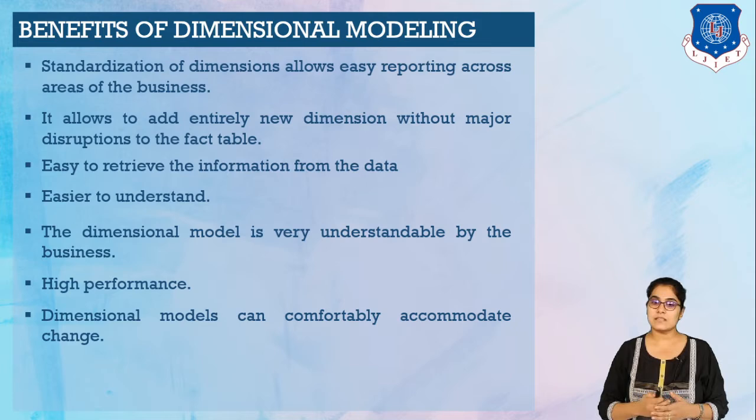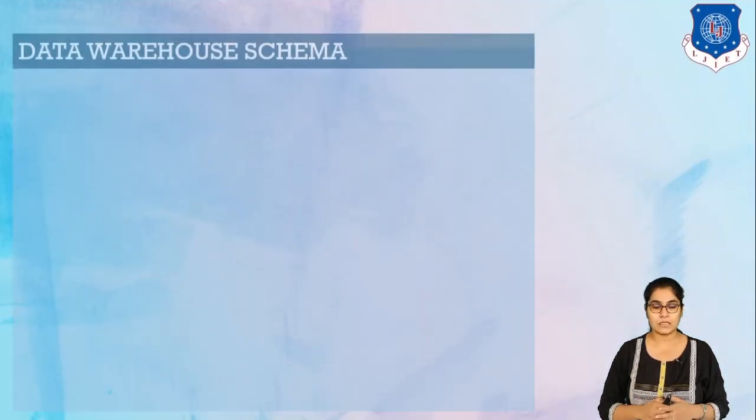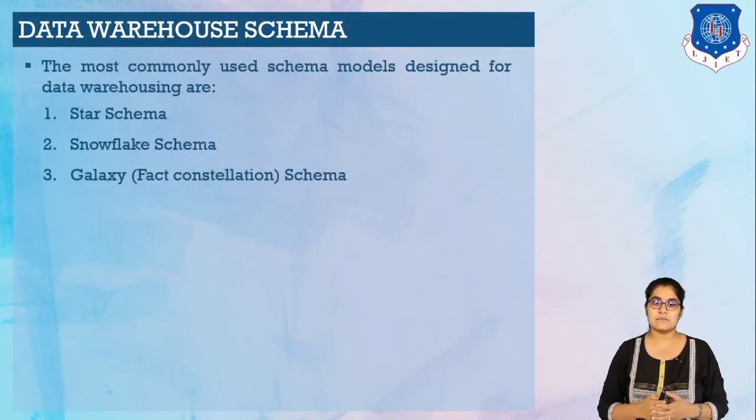Now let's discuss the data warehouse schema. A schema is a logical description of the entire database. It includes the name and description of records of all record types, including all associated data items and aggregates. Much like a database, a data warehouse also requires a schema.